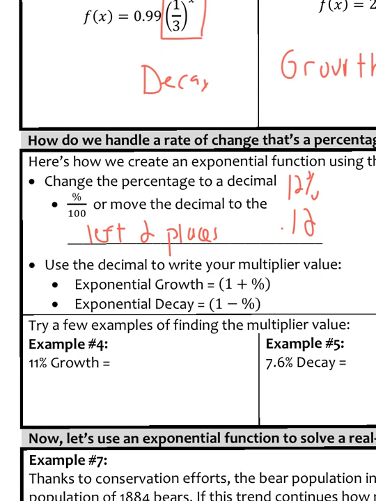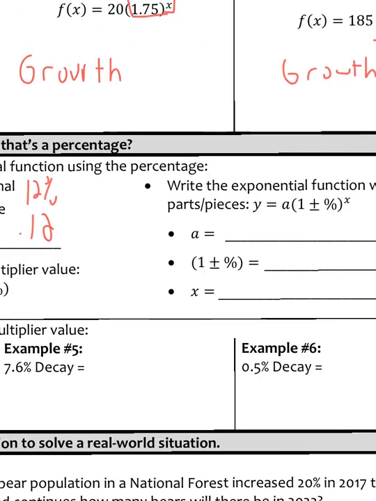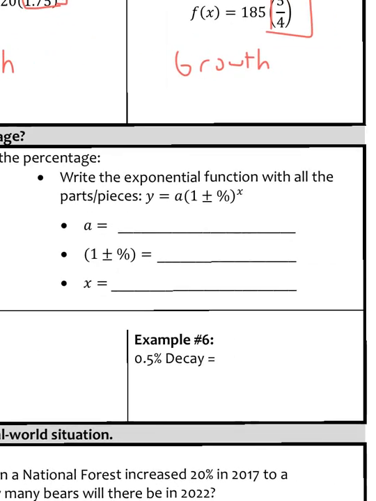Then we're going to deal with growth and decay, the 1 plus or the 1 minus a percent, so I'm going to combine those together. A is our starting value. Then the 1 plus or minus a percent, that's our b value, or what we call the multiplier.